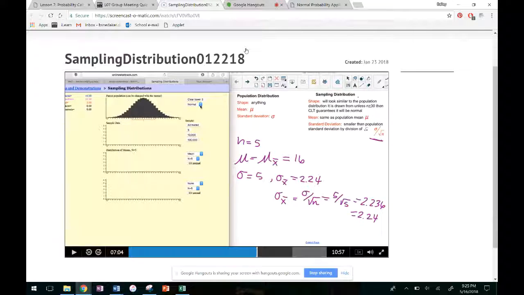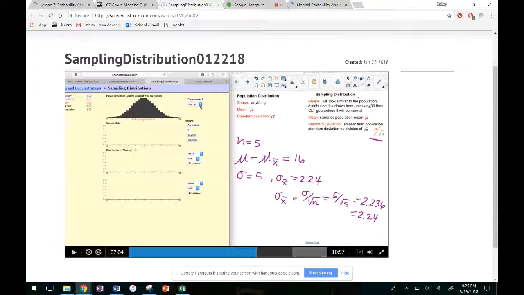Yeah, so the sigma x bar, the standard deviation of x bar, or the sampling standard deviation, equals the population standard deviation divided by the square root of the number of samples.